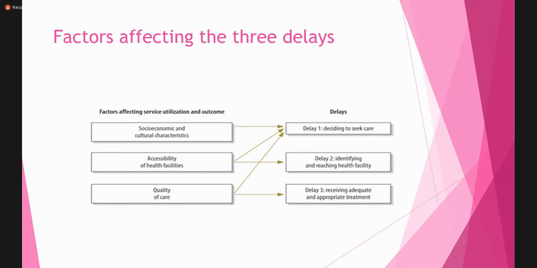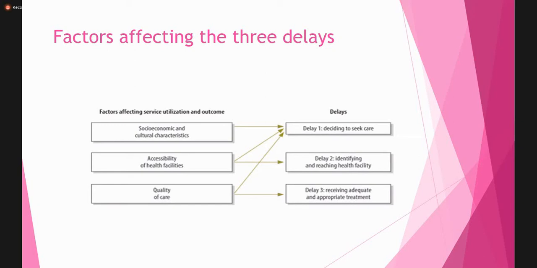So there are multiple cultural factors and socioeconomic factors in different countries which may lead to this. Then accessibility to health facilities, that is how far the health facility is and how they are going to reach there. Then the quality of care provided at the health facility, right?